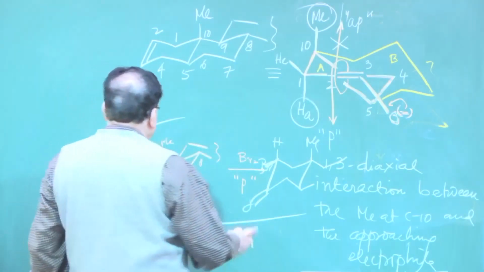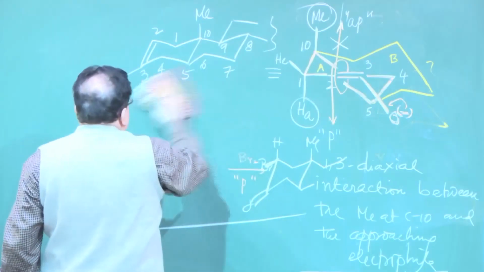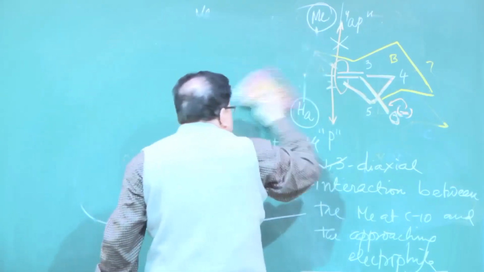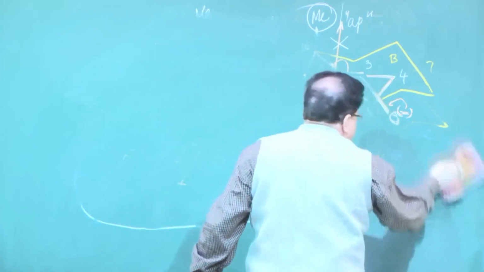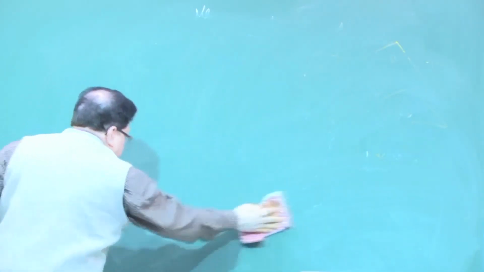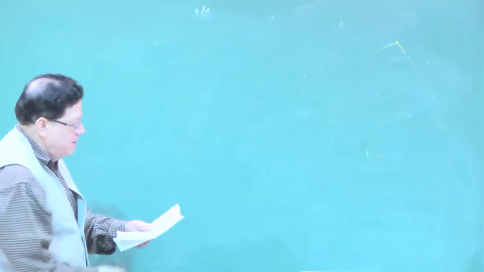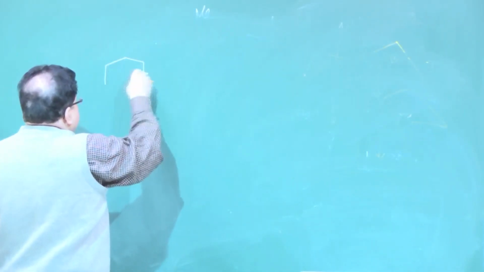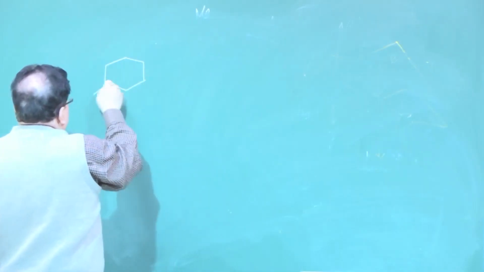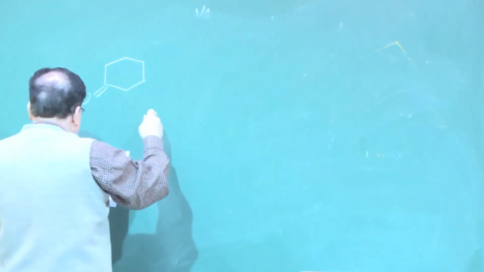Okay. Now, let us take another example. This was halogenation. Now, let us take an example where alkylation takes place. So, the molecule is a decalone.